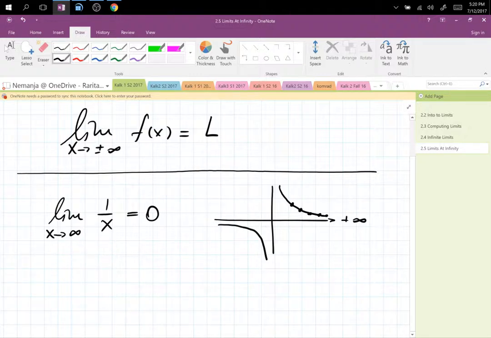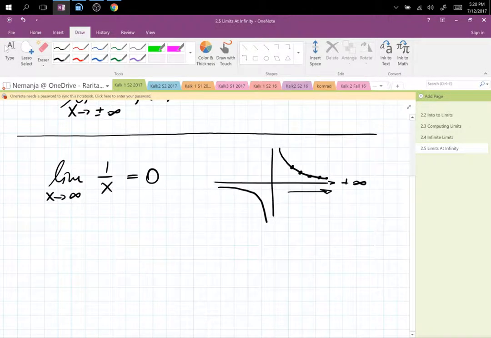So this is how we are going to positive infinity. You can start somewhere on the x-axis and approach positive infinity. As you are approaching positive infinity, these dots, the values on the function, the y coordinates, are going to 0.